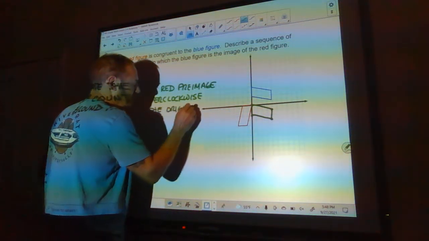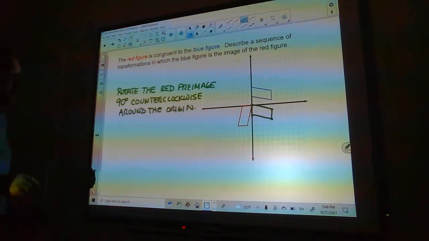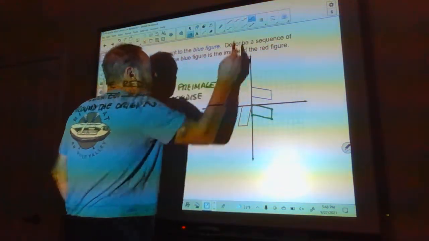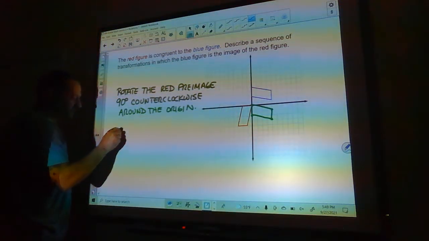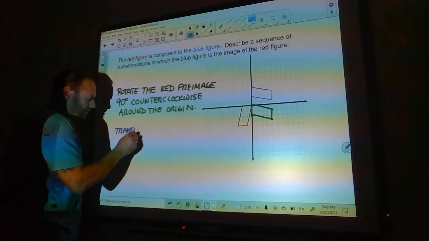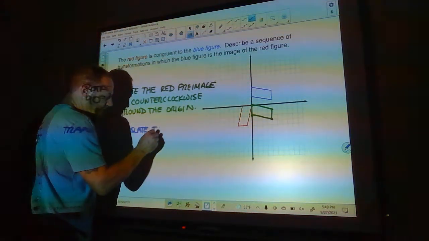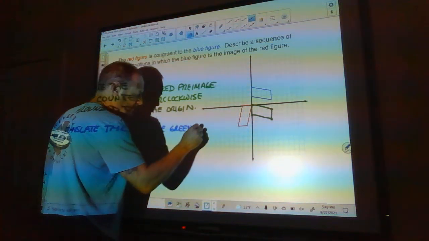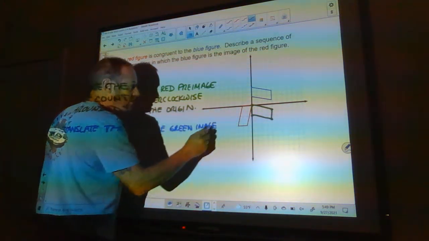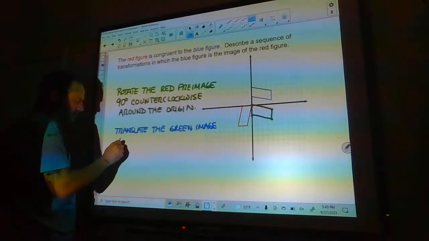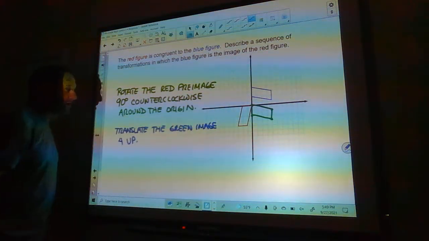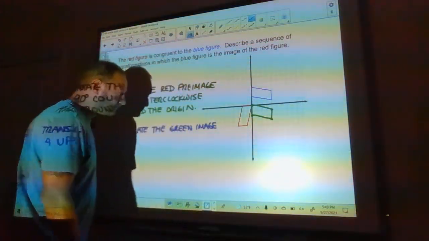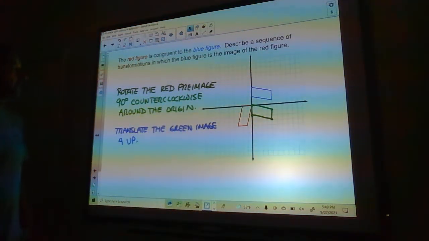That gives me the green one. So I've gone from the red to the green. Now I'm going to translate it 1, 2, 3, 4 up. So the second step is to translate the green image 4 up. And then I would have my blue figure right here. So, piece of cake.